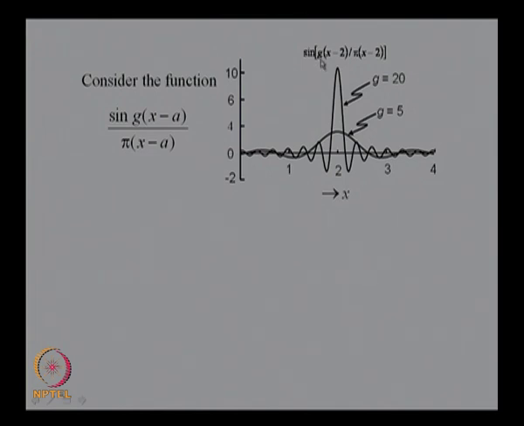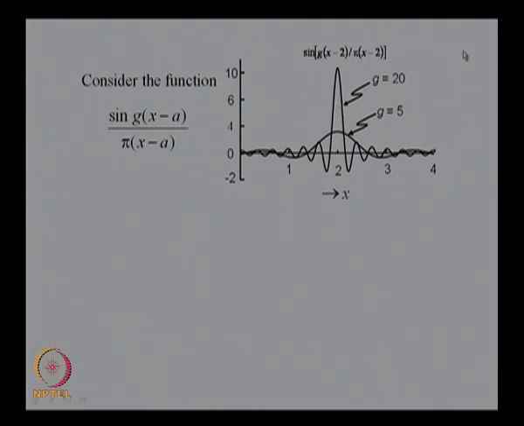So, let me show this in the form of a slide. This is, for example, the function sin(g(x minus 2)) divided by pi(x minus 2). For g equal to 5, the function is spread out. If I increase the value of g, it is symmetric around the point x equal to 2, it becomes sharply peaked, and the width becomes extremely small, but the area under the curve is always 1.